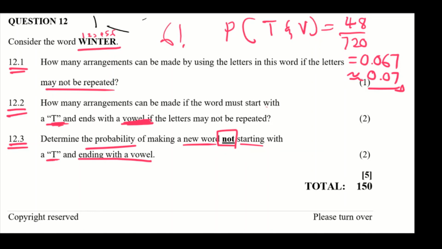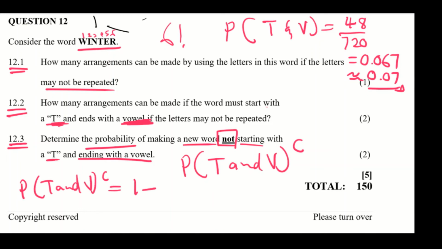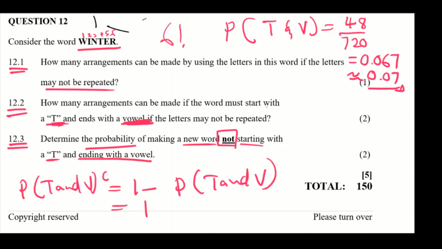So this is basically P of T and V complement, right? So that is the complement of T and V. So how do you find that complement? P of T and V complement is equal to 1 minus P of T and V. So it's equal to 1 minus the probability that it starts with the T and ends with the V. The V just stands for vowel, right?